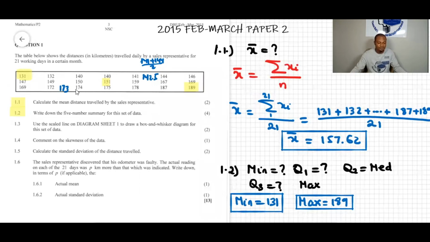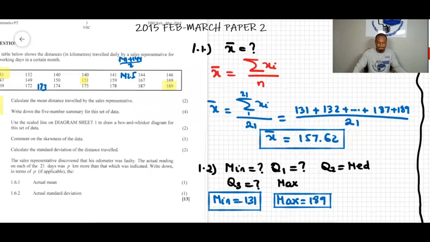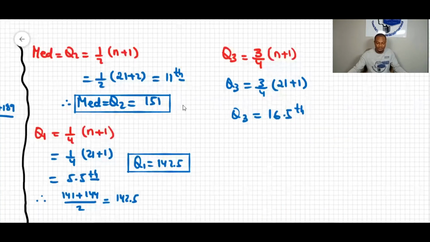So right here, Q3 is now equal to 173. We did actually 172 plus 174 over 2, and that's Q3 will be 173.